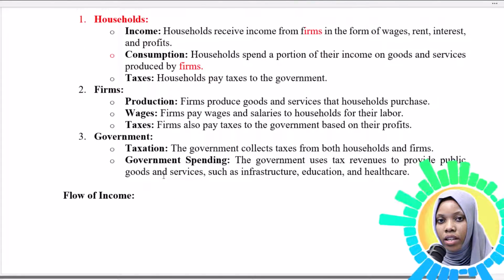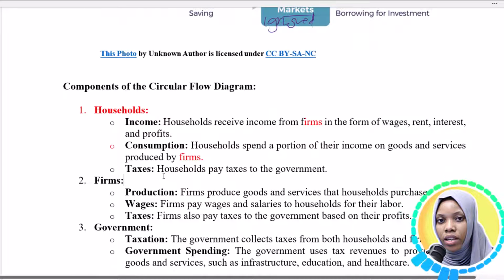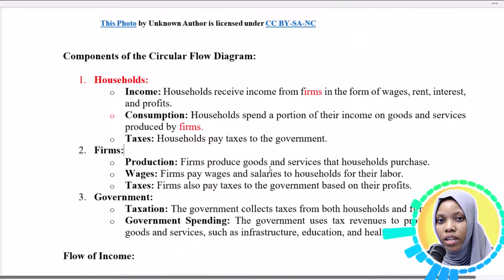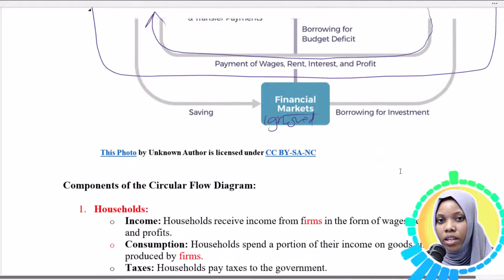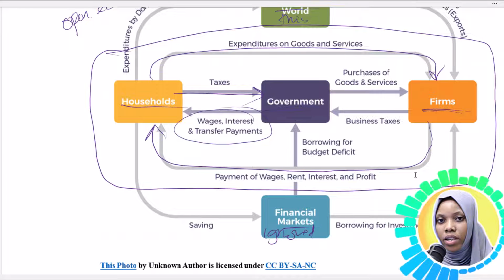And then there are the firms. Now let's look at what the firms do. There's production. Firms produce goods and services that households purchase. So the firms produce goods, there's production of the goods and services.